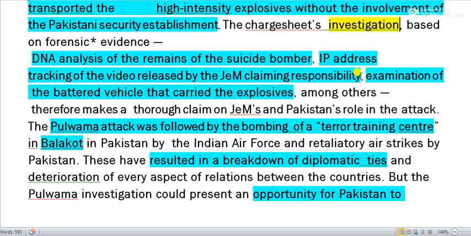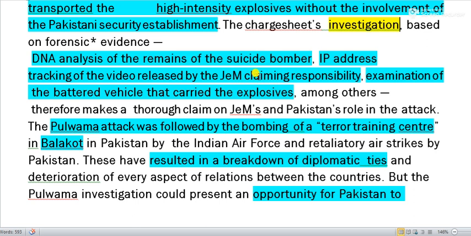Soon after the incident, JeM claimed responsibility that they had done it. Now, what the investigation agency did was to locate the IP address of that video in which the claim was made. That IP address tracking was also one of the forensic evidences.